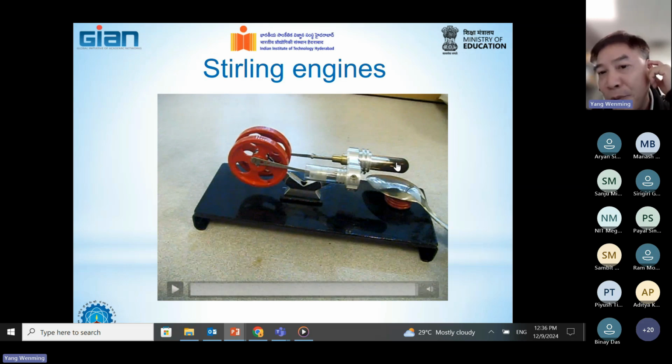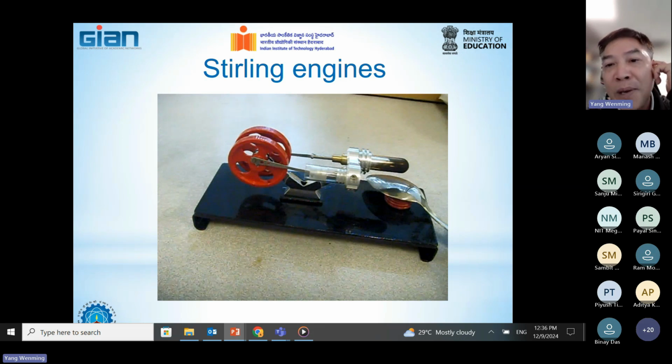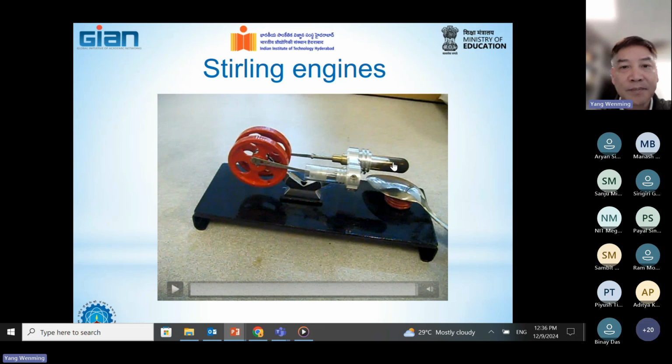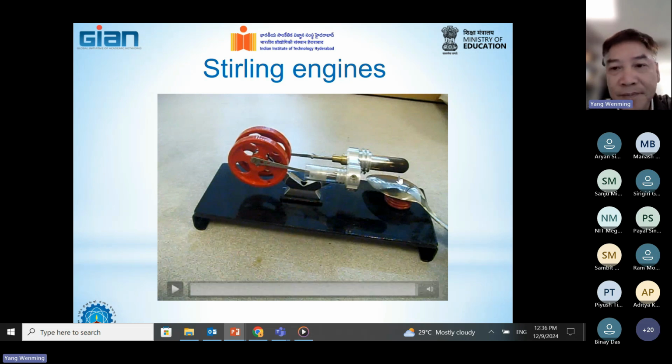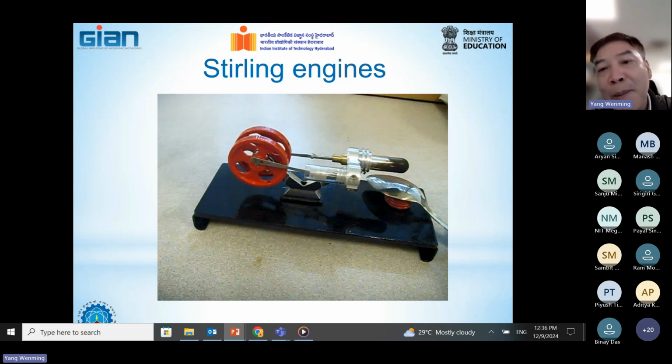Okay, one question for you guys: do you know what the working media is for this engine? Anyone knows? Okay, actually, the working media for this engine is pure air. So we can see what happens.